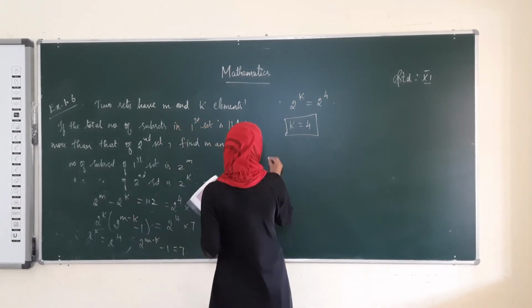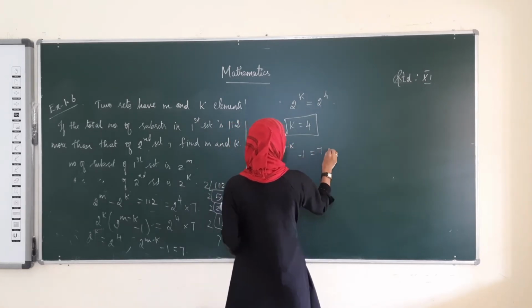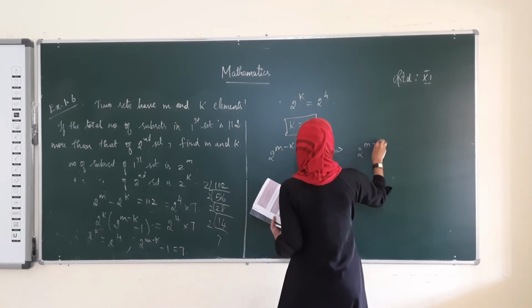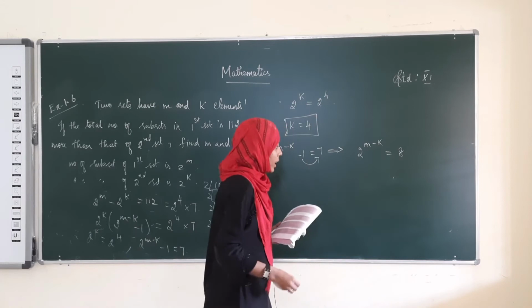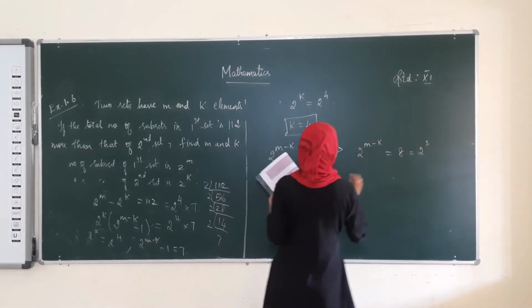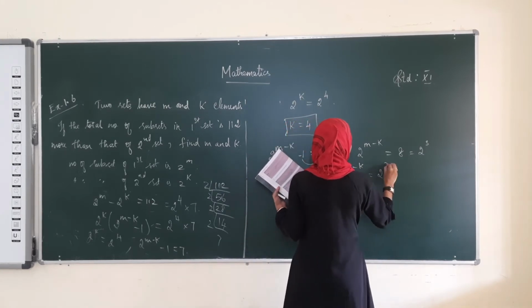See here, from the second one, 2 power M minus K minus 1 is equal to 7. Take this minus 1 that side, 2 power M minus K is equal to 8. This 8 can be written as 2 cube, that is 2 power M minus K is equal to 2 cube.